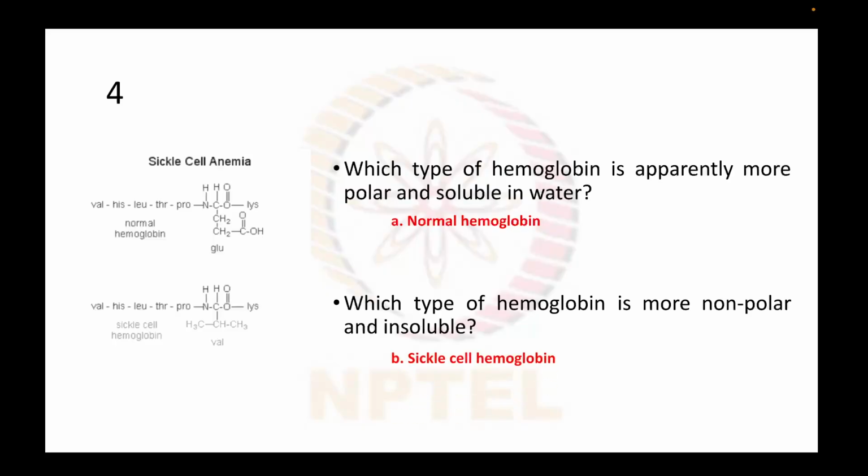Yeah, so now the new sequence, that is sickle cell hemoglobin, has valine at 6th position. So valine is a hydrophobic amino acid, that is non-polar amino acid. So this makes this hemoglobin more non-polar and insoluble.